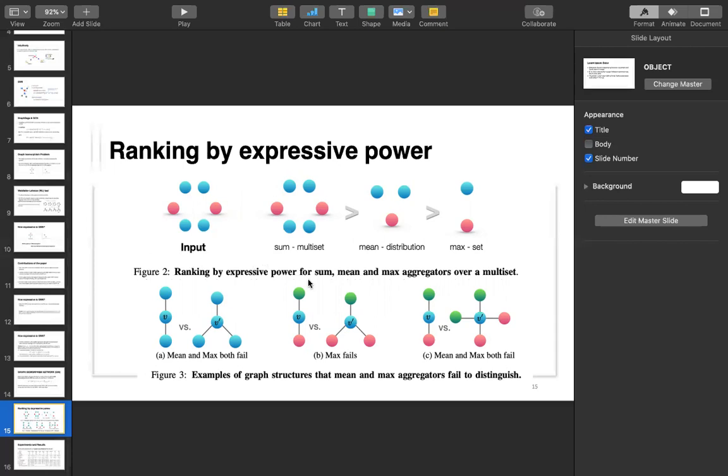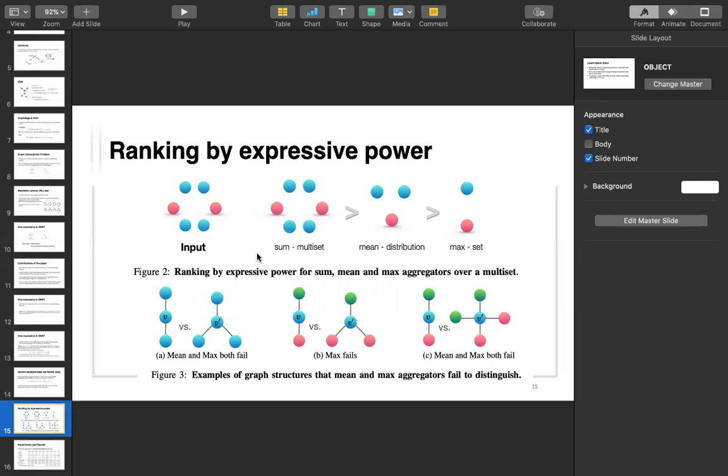You can see that the paper has ranked the expressive power for some min and max aggregators over a multiset. If you don't know what a multiset is, it's the same as a set, except that the elements may not be unique. Same element in the set.